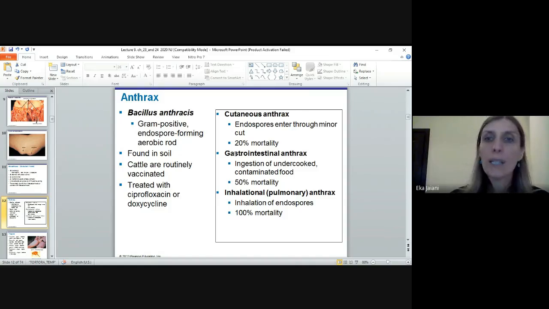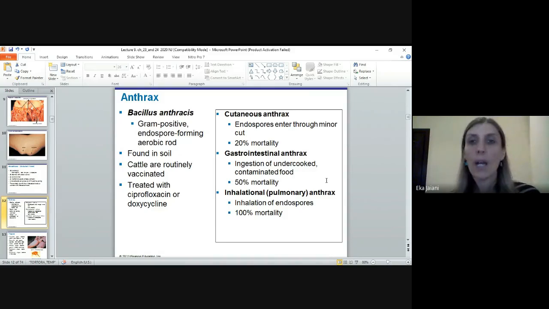And gastrointestinal anthrax is more nasty, so it has a high mortality rate if a person consumes undercooked food that is contaminated with Bacillus anthracis spores or bacteria, mainly spores, and it leads to ascites, accumulation of fluid in the abdominal cavity, and bloody diarrhea.